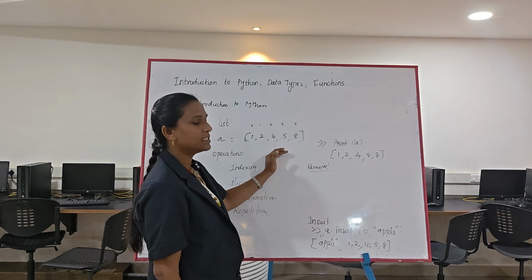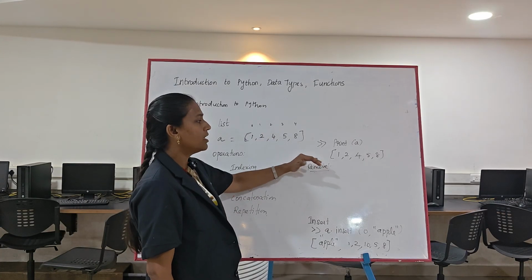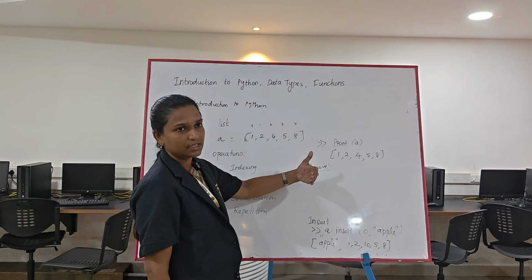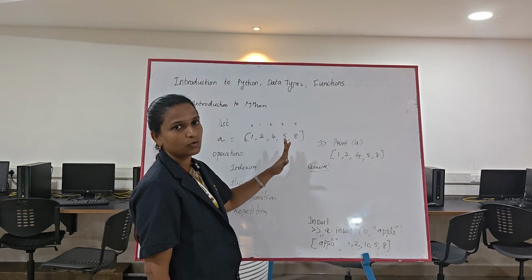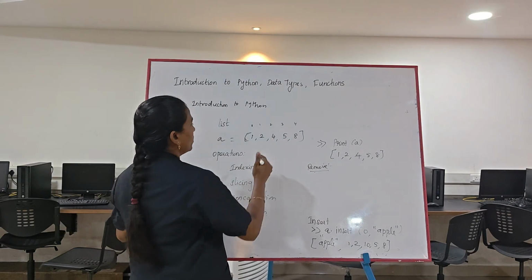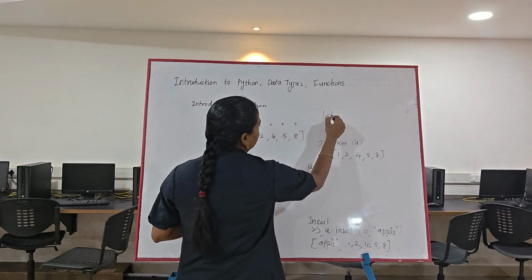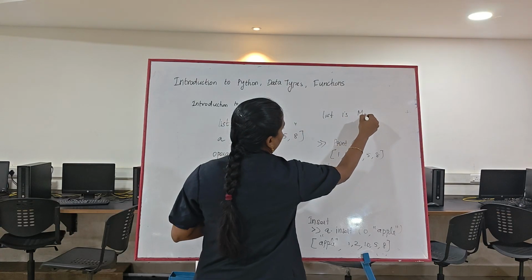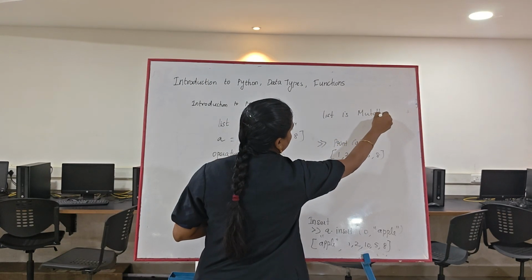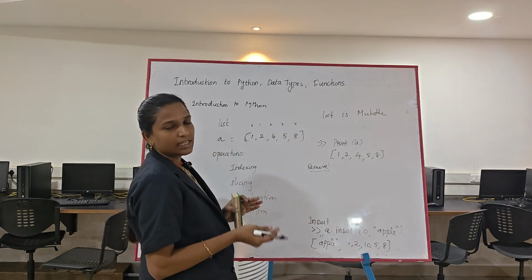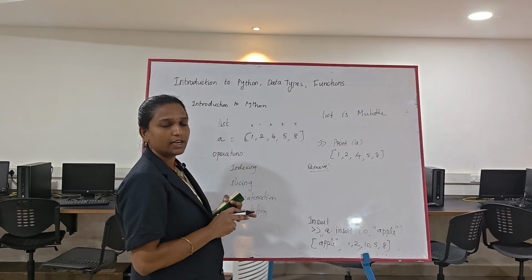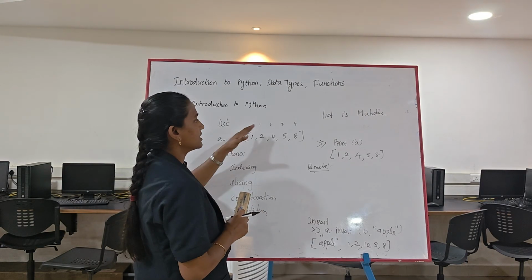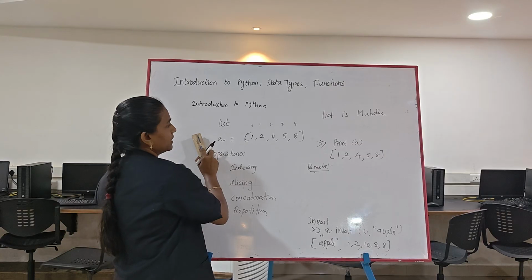List is mutable, which means we can add, insert, or make whatever changes we want. If we want to insert an element, we can insert it. If we want to delete an element, we can delete it. That is list. Next we are going to see tuple.